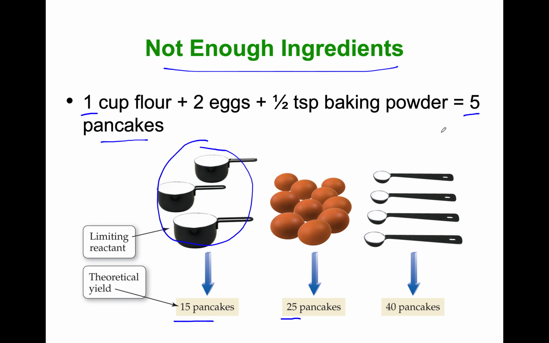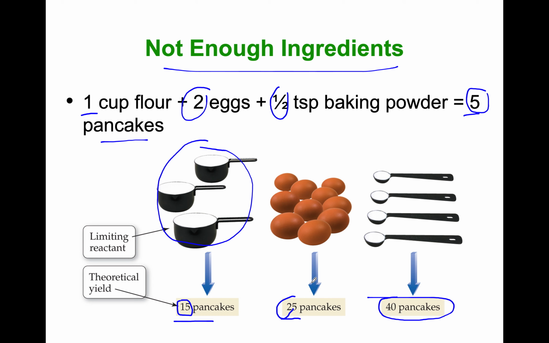So that can give us 15 pancakes. Okay, and if you count the eggs, do the ratio, 5 to 2, that can give you 25 pancakes. And half teaspoon, and we've got 4 teaspoons, that can give you 40 pancakes.